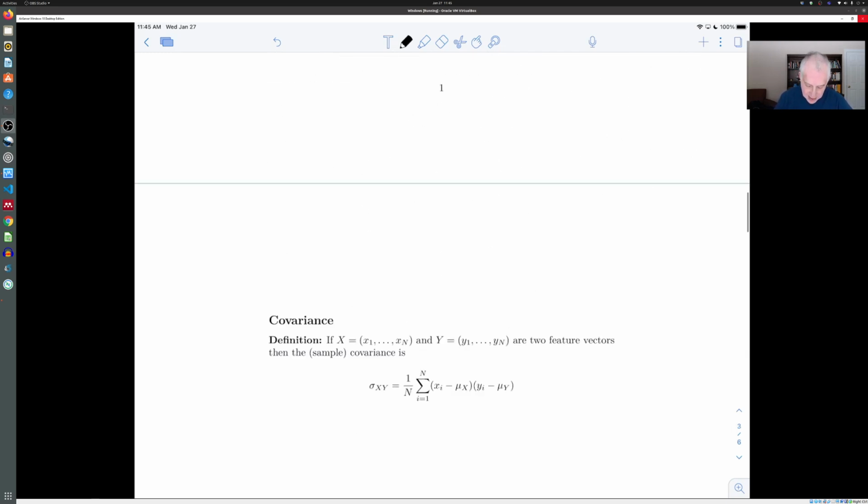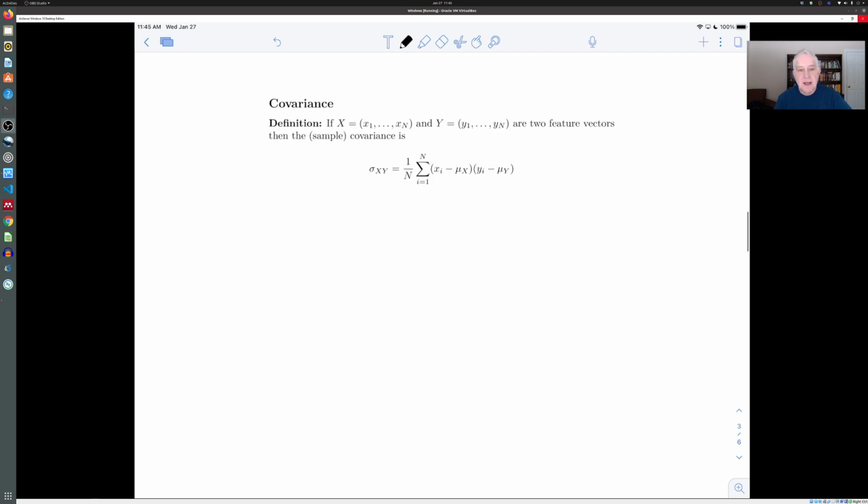Okay, now for something new. Suppose that we look at two different feature vectors. If you like, you could think of these x and y as two different columns in our big data matrix. So we have n rows, and we might have the column x, which say corresponds to the weight of the car, and y, which corresponds to the engine displacement.